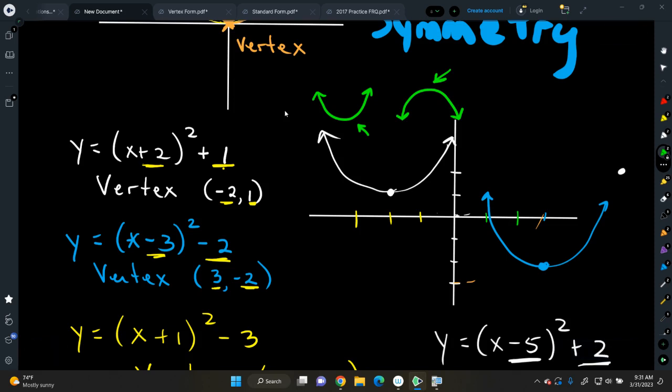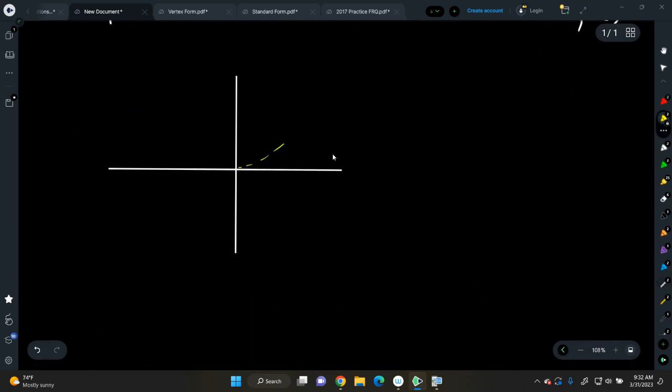Okay? When do you think the parabola will be upside down? What would I have to do? You have to flip it. So what's going to make it flip? No, you're thinking sideways.